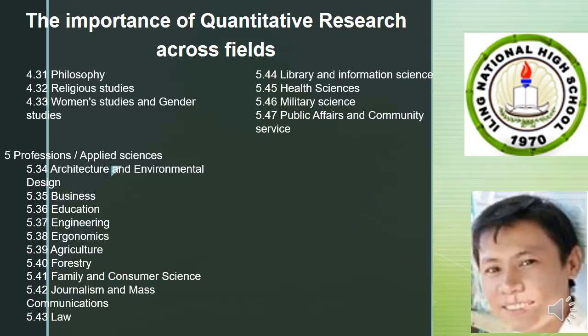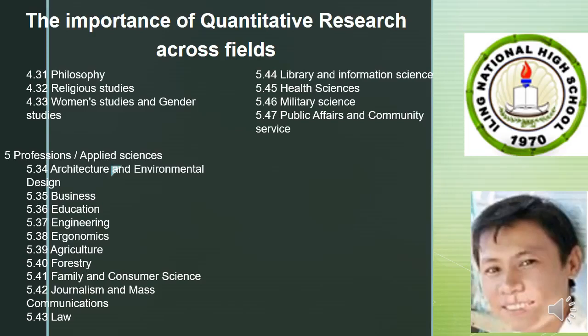Then under non-professions, applied sciences, we have architecture and environmental design. So naandyan yung business, education, engineering, ergonomics, agriculture, forestry, family and consumer science, journalism and mass communications, law, library and information science, health sciences, military science, public affairs, and community service.